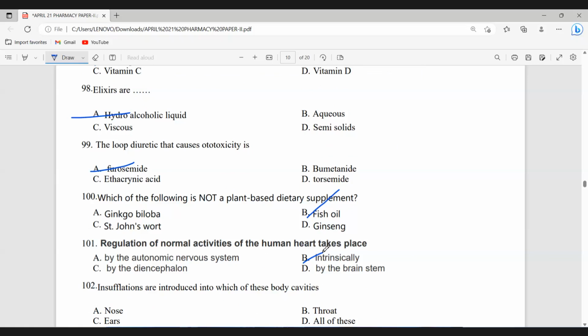But the ANS, the autonomic nervous system, will modulate the heart rate and strengthen the contraction.